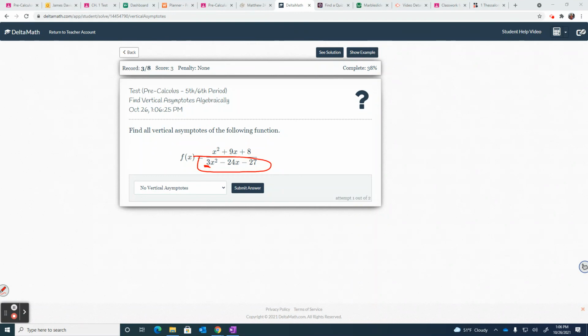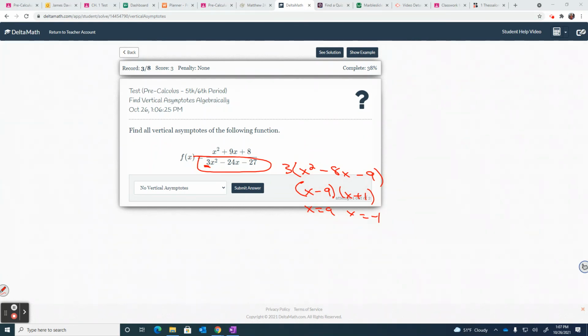Yeah, you could pull a 3 out, because 3 goes into all of these. So you pull out a 3, this becomes x squared minus 8x minus 9. And then the 3 you can kind of just ignore. You can then factor this, x minus 9, x plus 1. So then we get x equals 9 and x equals negative 1.